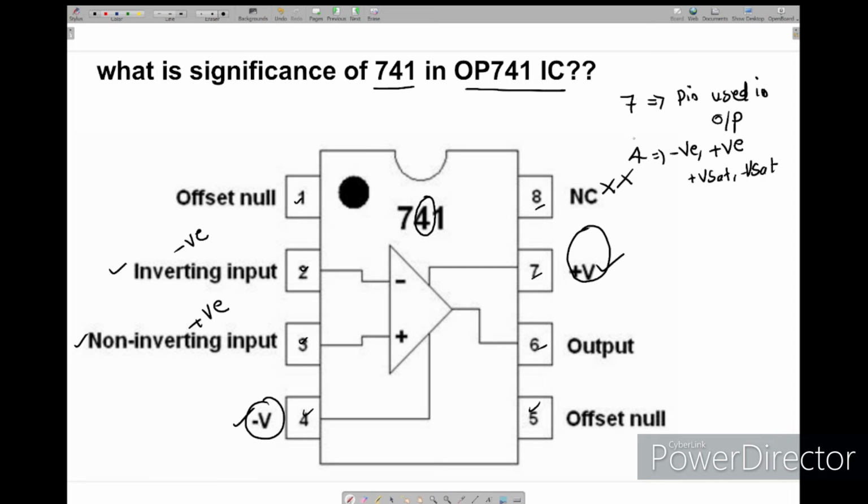That's why we call 7, and next is 4, and the final one is what? What is 1? We have only one output of the op amp. So that's why we call it 1. All these three are included in the 741 IC. That's why we call this IC the 741 IC.